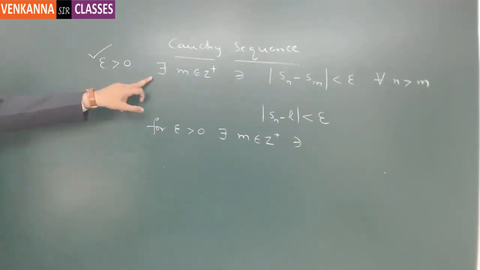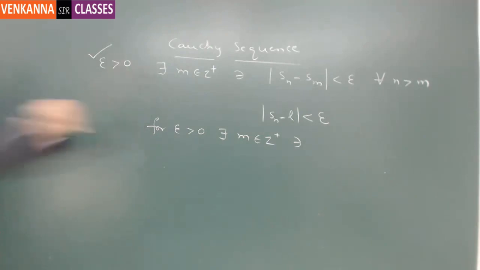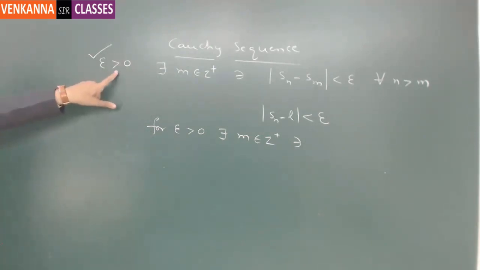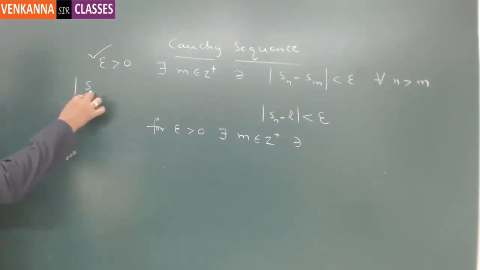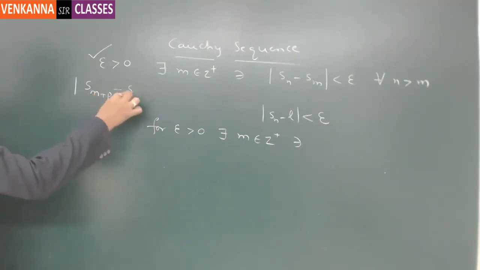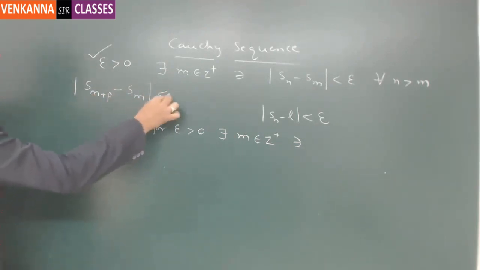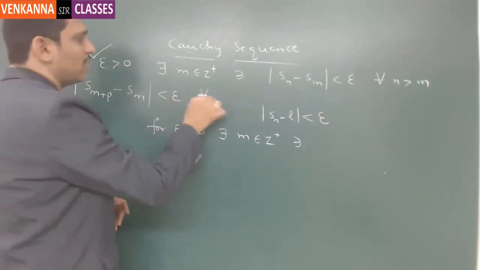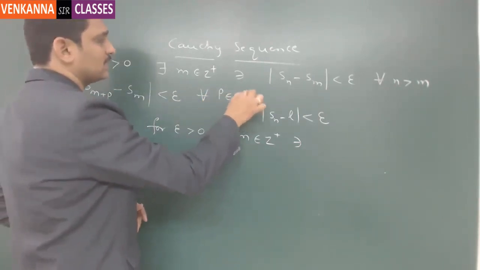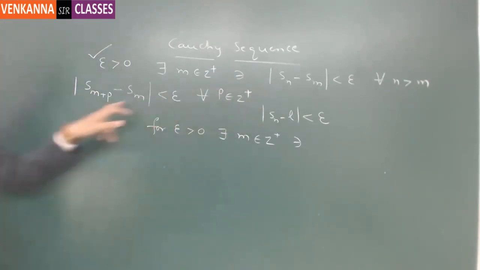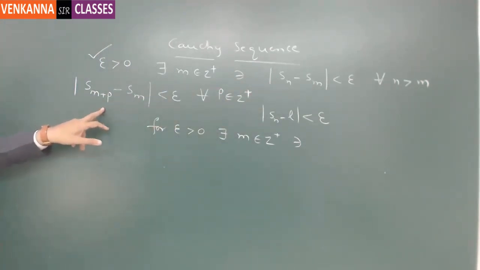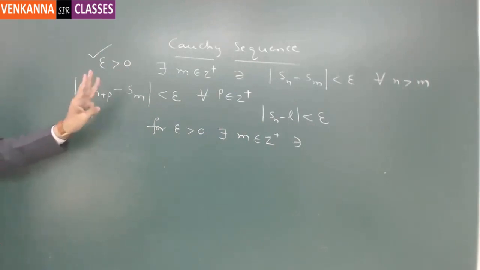So the equivalent definition for it is, for epsilon greater than 0, you can write that modulus of S m plus p minus S m is less than epsilon for all p belongs to Z plus. These two are the same. So for Cauchy's sequence, you will have three definitions.